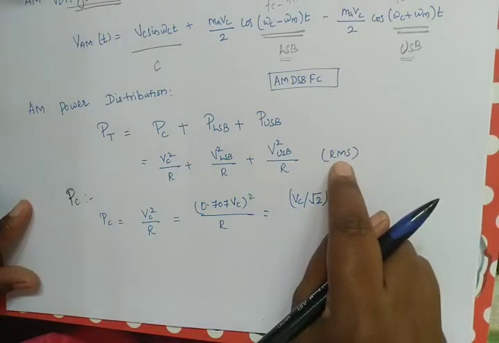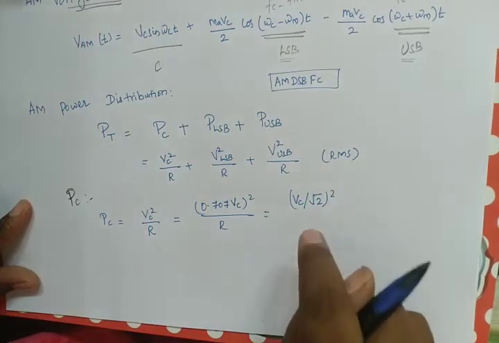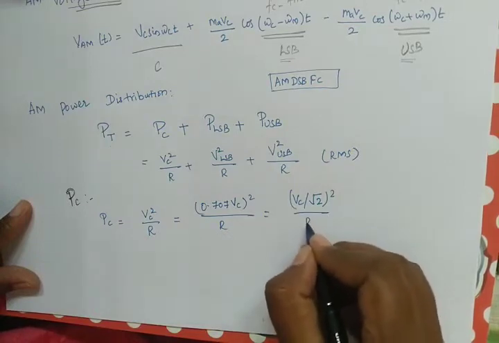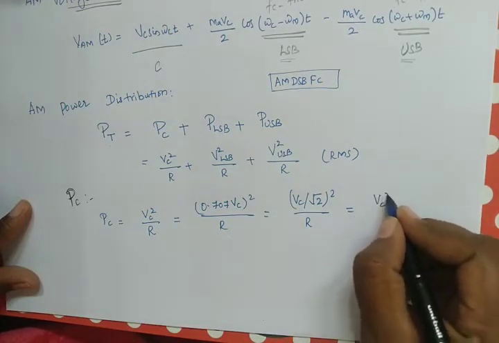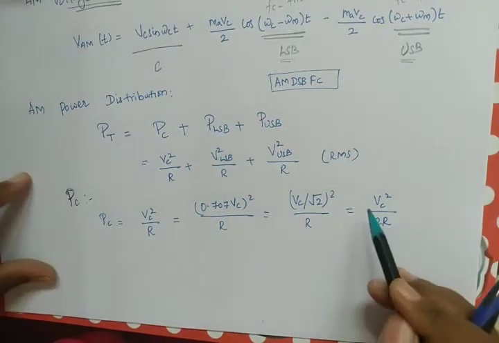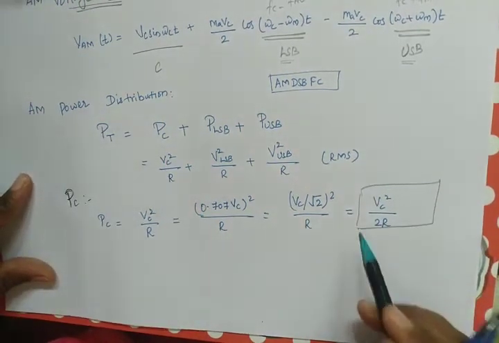If it is represented in RMS value, we have to use 1 by root 2 divided by R. Therefore this is equal to V_C squared by 2R. This is our carrier power. So the carrier power is given by V_C squared by 2R.